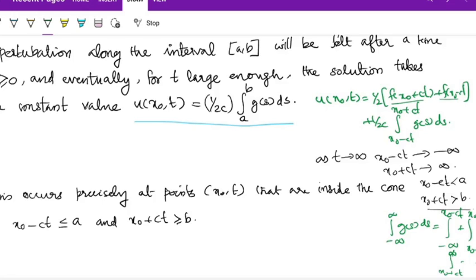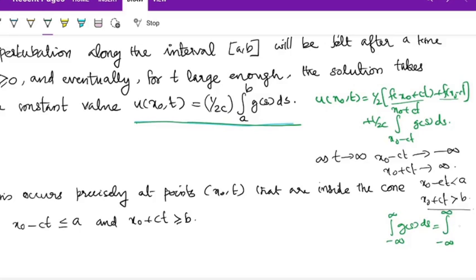Sorry, not x naught minus ct, we have up to a and b. We know that f and g vanish outside the closed interval [a, b], so we have to split the integral like that.